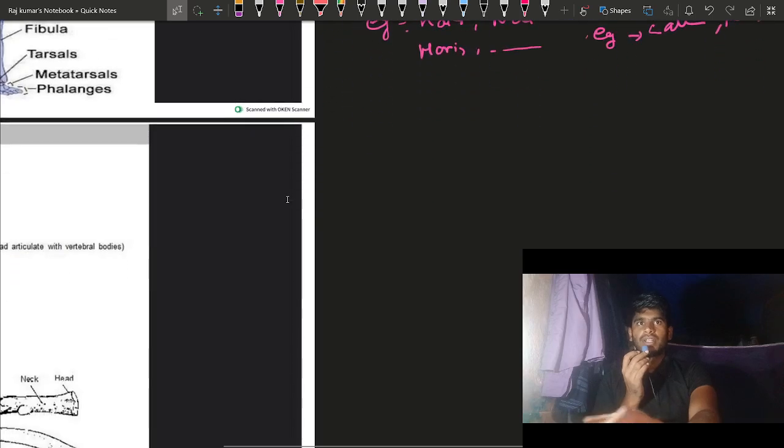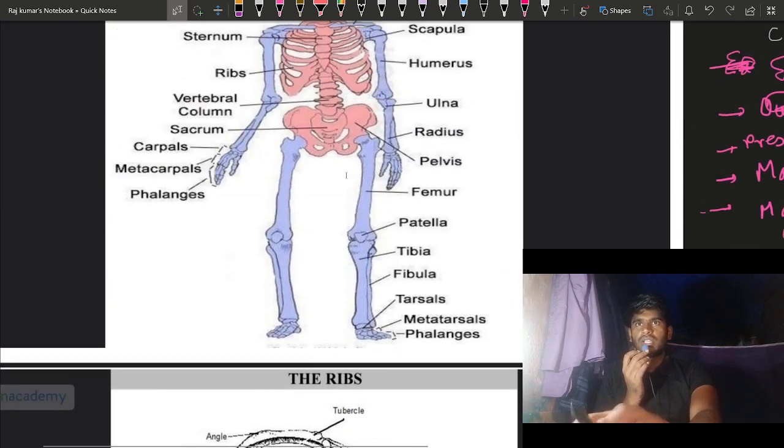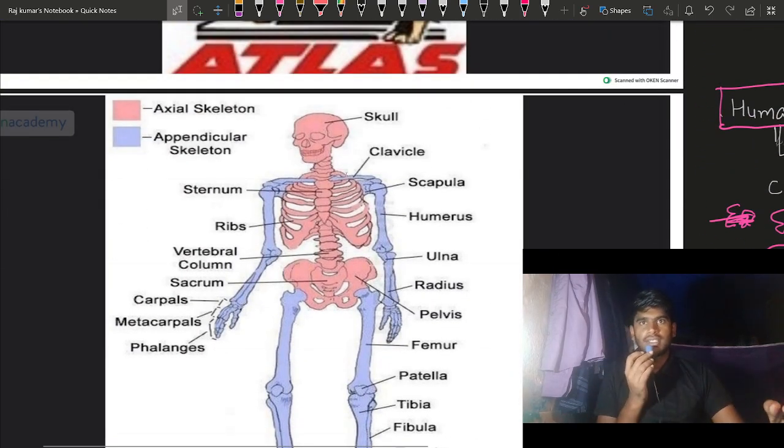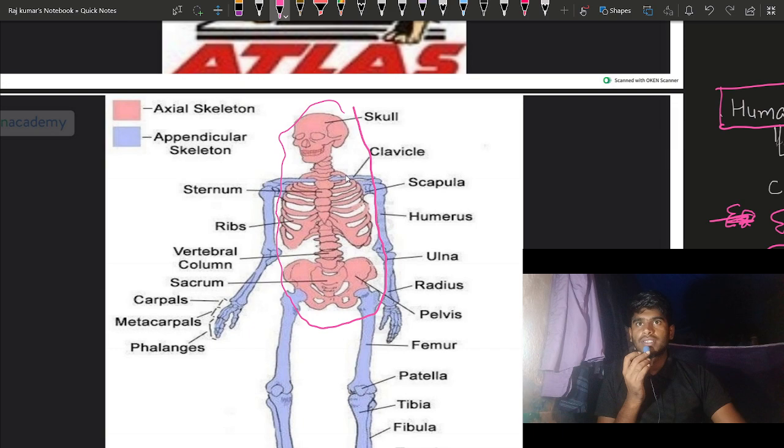So in the human skeleton, see, we will say some important points. This is a red color part, right? In this red color part, we talk about the axial skeleton, and this blue color part, this one, this one, this one, this one, we call appendicular.